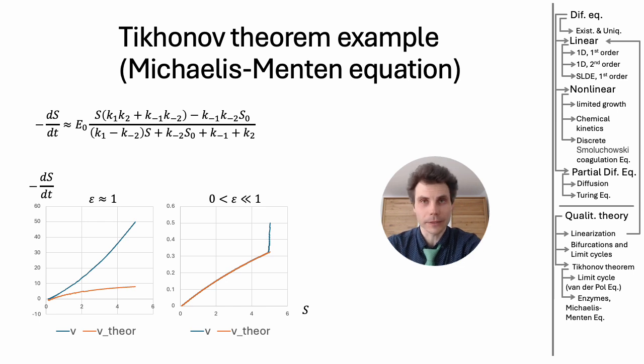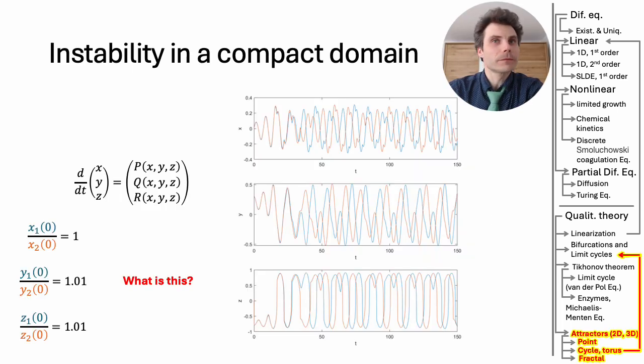He found something like this. Not exactly, but something like this. So there are two trajectories of the same process with the unknown functions x, y, and z. And he started with slightly different initial points, at the order of magnitude, I don't know, like 0.01.